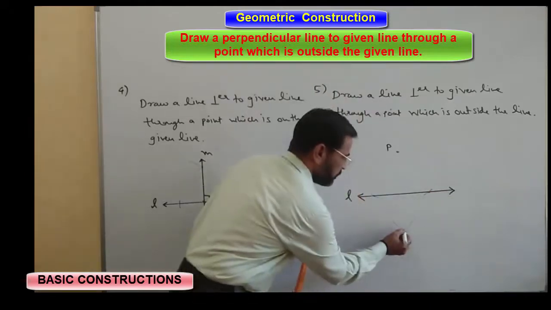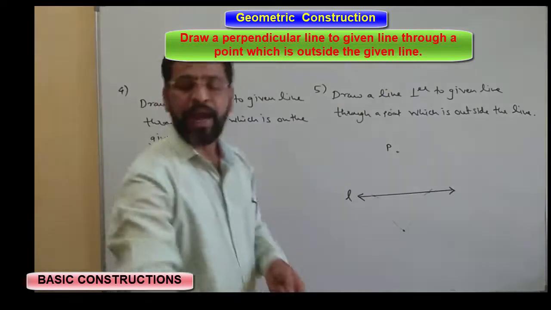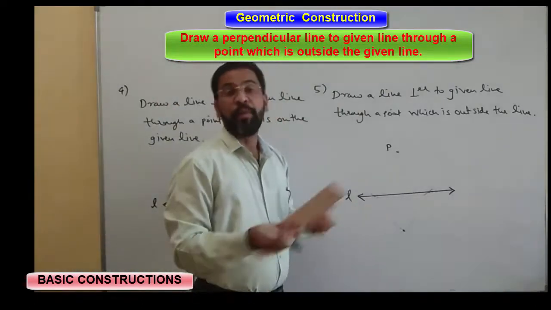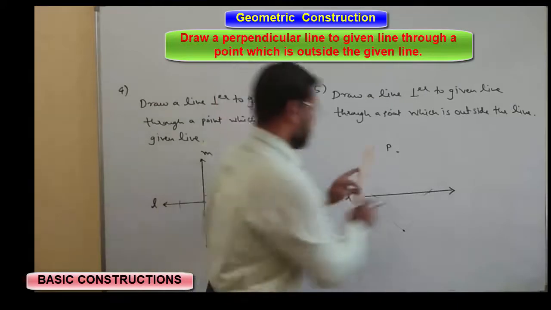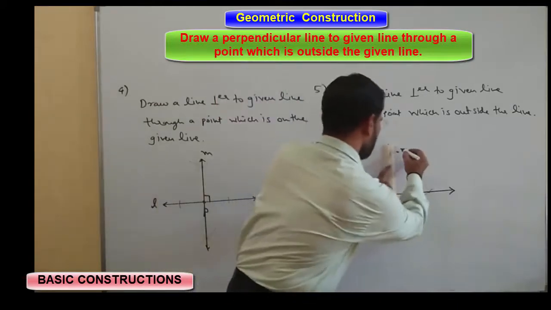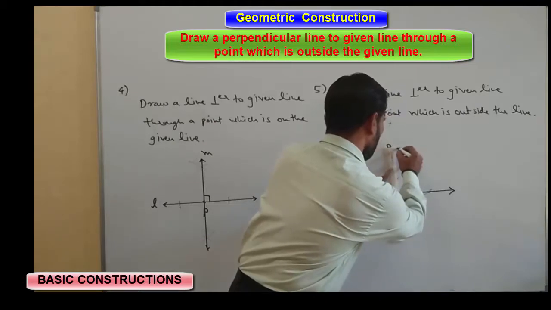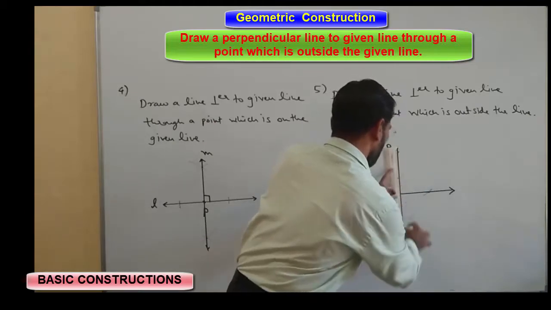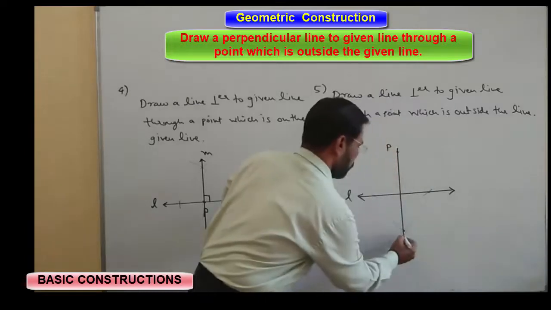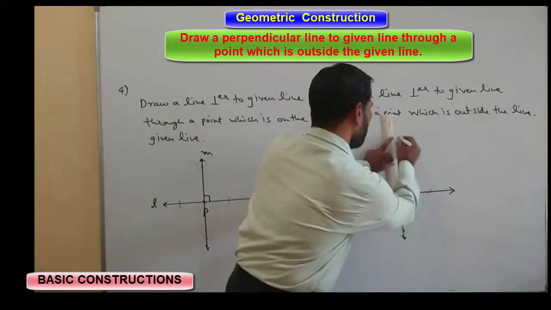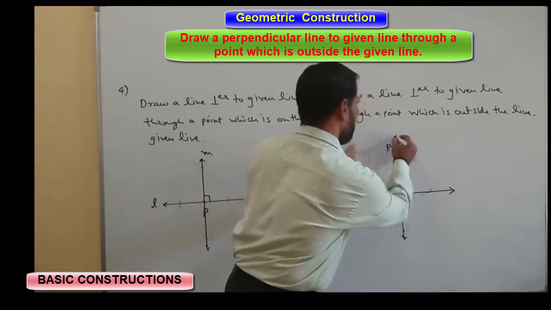Okay, now P and this point we get, if we join, that is the perpendicular. See here. This is the procedure, friends. Okay. Now, this is what? A line which is perpendicular to the given line.